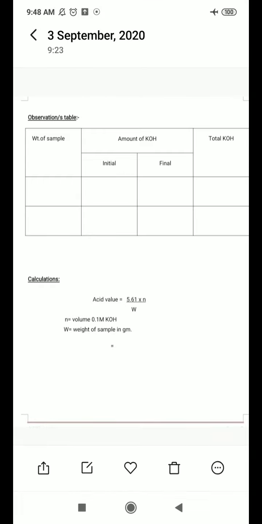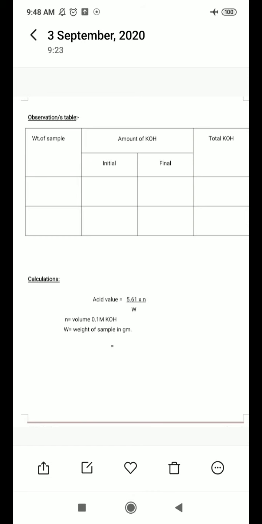Total KOH is the difference between final and initial, the amount of KOH consumed to get the pink color. For example, 50 minus 35 gives 15, and 15 is the reading in ml.